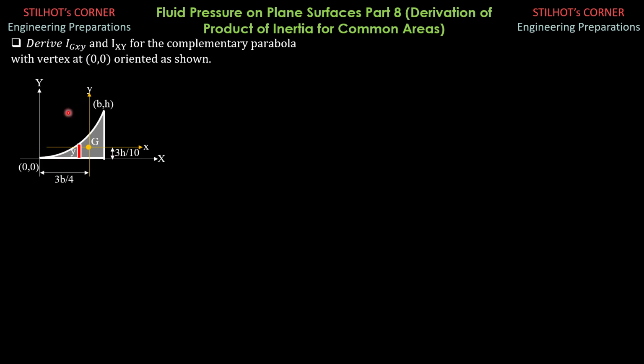So the equation of this parabola open upward with vertex at the origin is x squared equals latus rectum times y. It's positive. The thickness is dx, so the limits should be from 0 to b for our integral later.